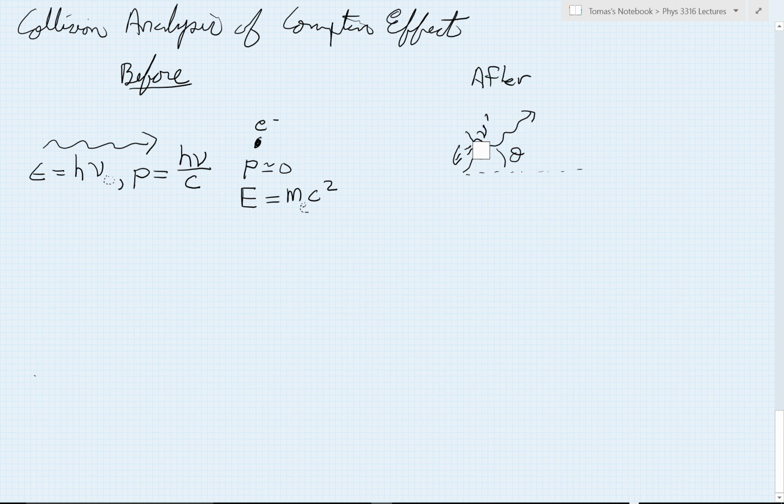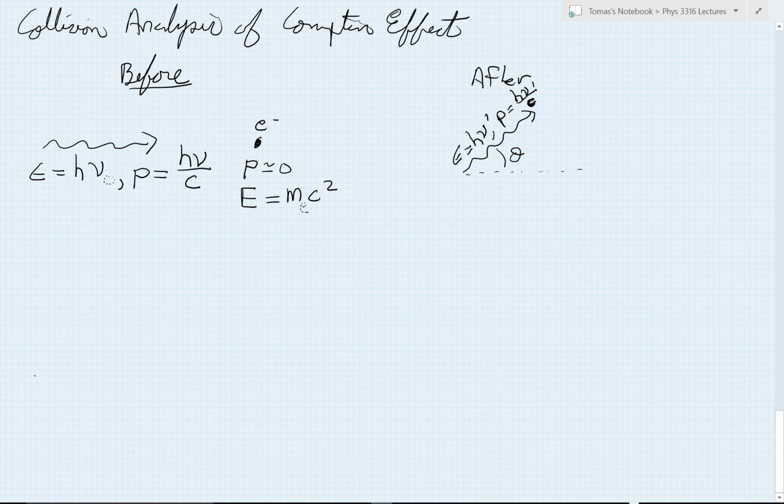That's the frequency after the collision. And we're hoping that this nu prime will reproduce that second peak that we saw in the Compton scattering. This photon, of course, is also carrying a momentum. And again, our current hypothesis is that is exactly its energy divided by the speed of light, c.